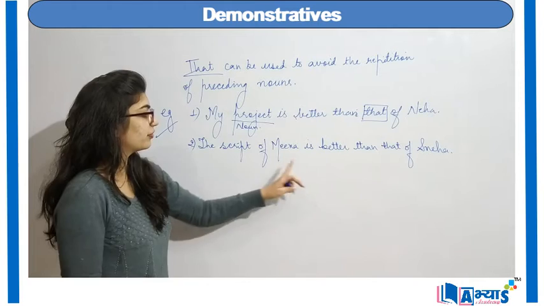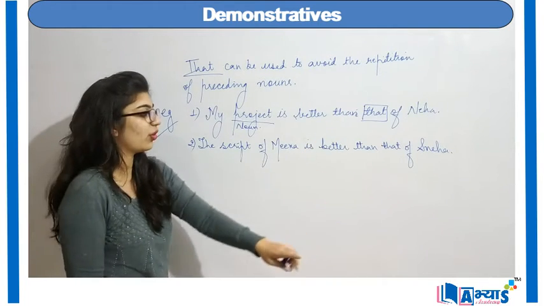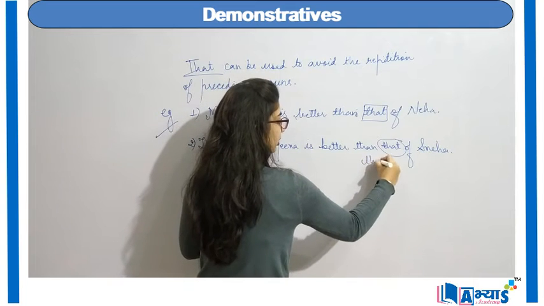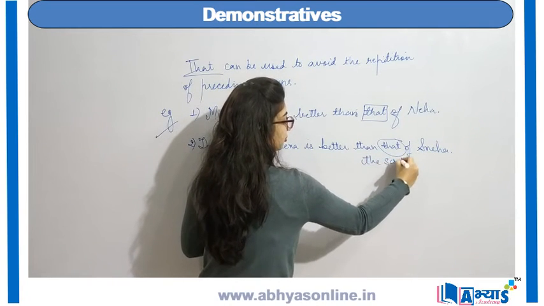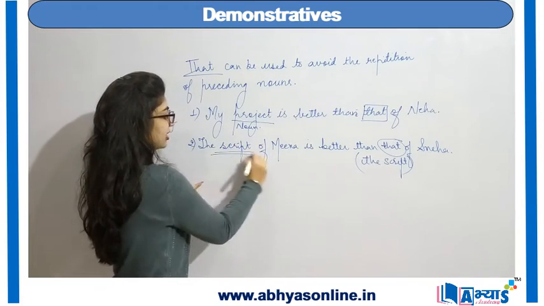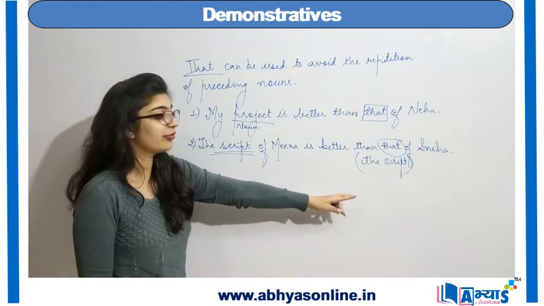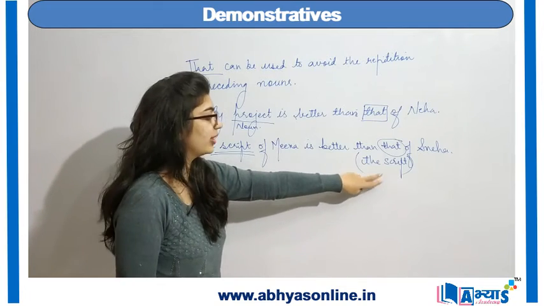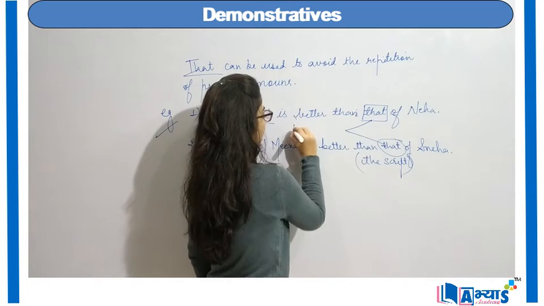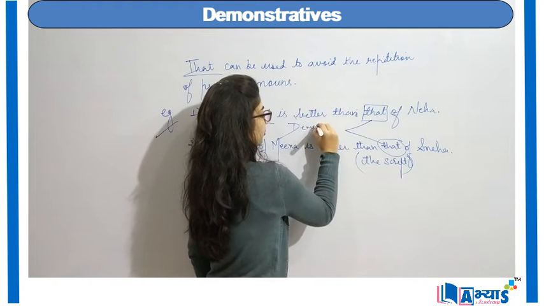So the script of Meena is better than that of Neha. Again I am saying better than the script of Neha. So instead of using script again, I have replaced this script with my demonstrative that. So both these are the demonstrative.